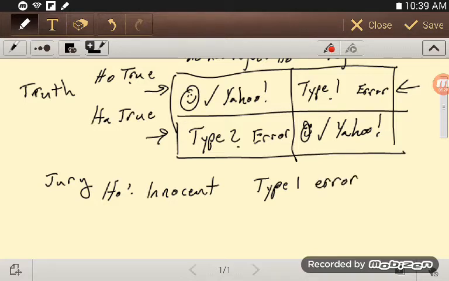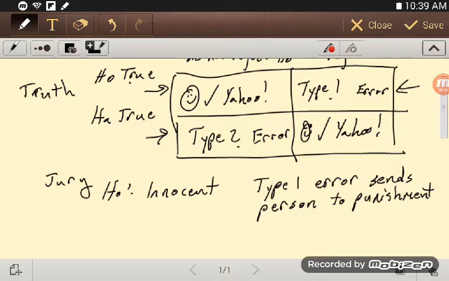And now what does that mean? It means that the person really was innocent, but they went to jail anyway. Ooh, that's bad. Type 1 error sends a person, and I'm just going to say punishment because it could be a fine, it could be jail, it could be community service, but it sends a person to punishment.